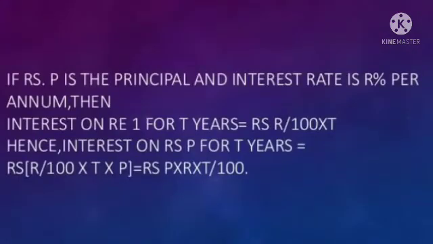If P is the principal and interest rate is R% per annum, then interest on rupee 1 for T years is equal to rupees R upon 100 multiplied by T. Hence, interest on rupees P for T years is equal to rupees (R upon 100) multiplied by T multiplied by P, which is equal to rupees P multiplied by R multiplied by T upon 100.